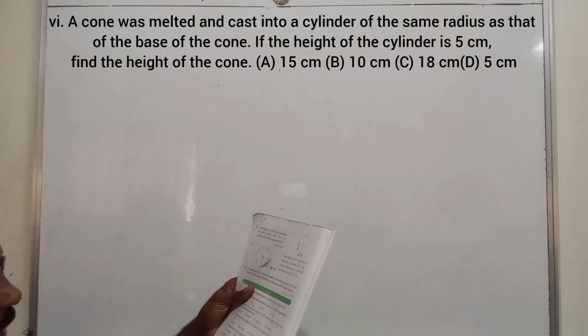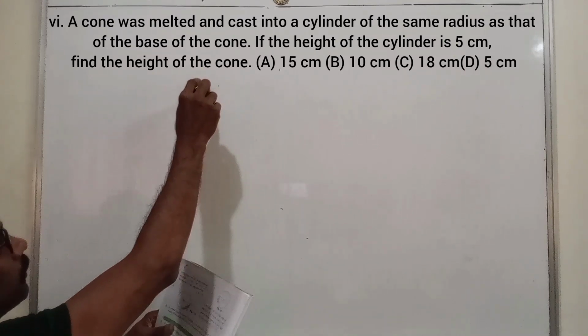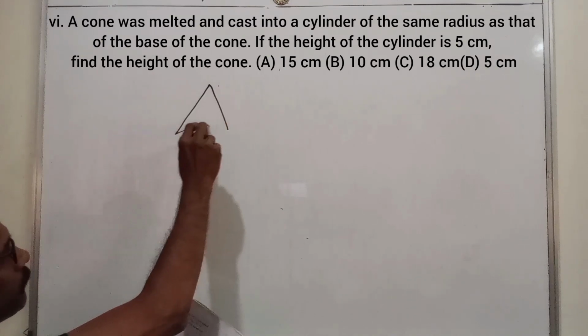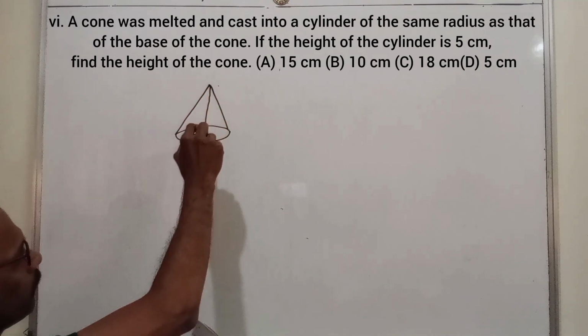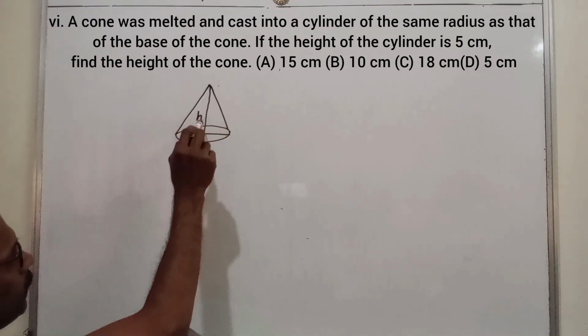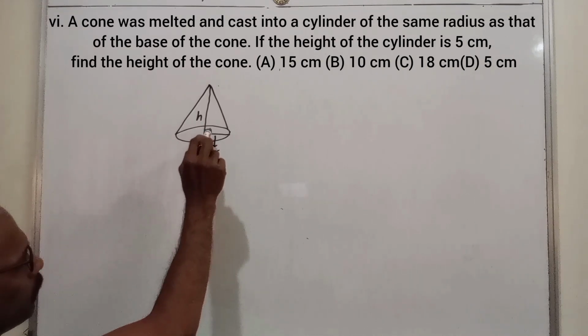Question number 6. A cone was melted. See here, this cone was melted. This is height and this is radius. Okay.